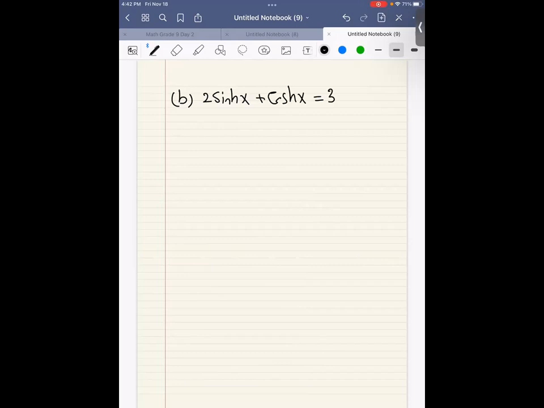So these are very similar to trigonometric functions in some respects. Later we will learn how to find the derivatives of these guys. Okay, so please solve this equation. This is basically an exponential equation, right?